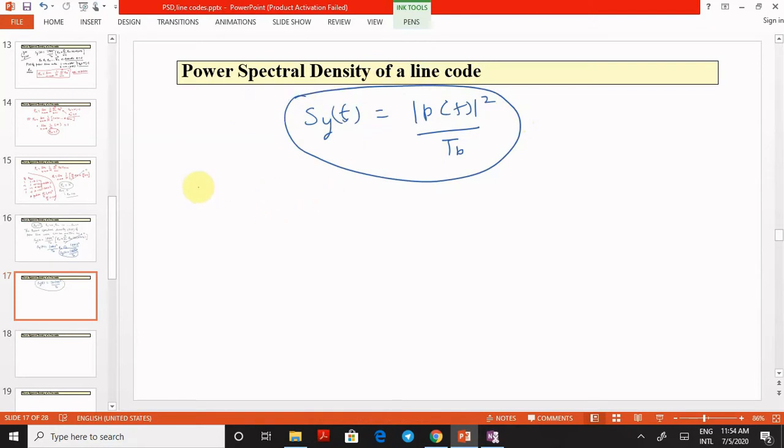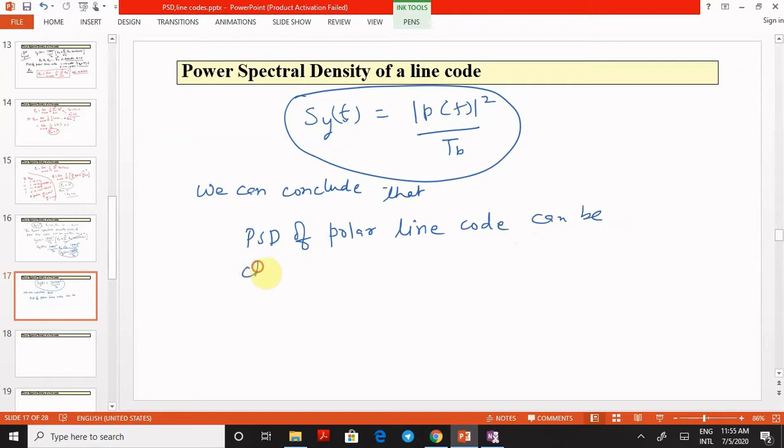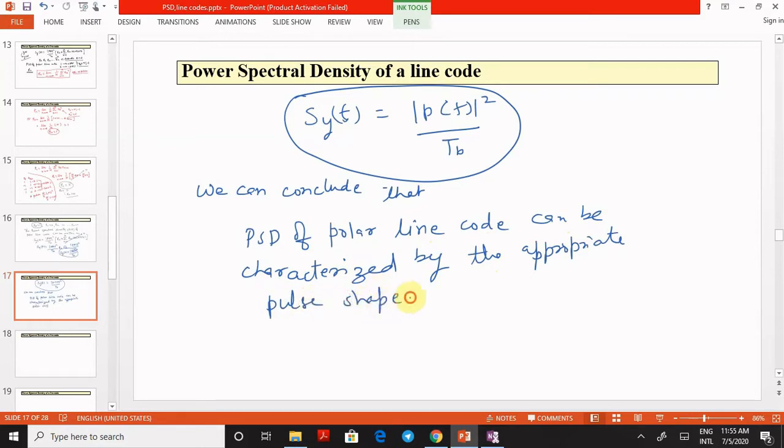So one thing we can conclude is that the PSD of polar line code can be characterized by the appropriate pulse shape, right?